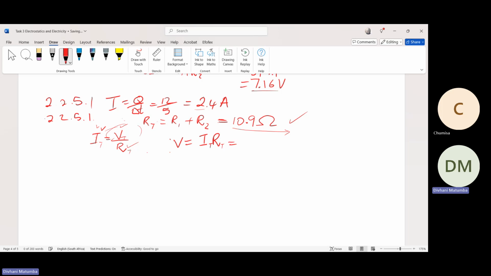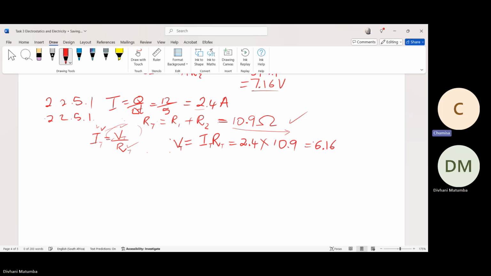And then what is our I? 2.4 amps, times the total resistance, 10.9. So it's going to be how much? Let's see. It's going to be 26.16.